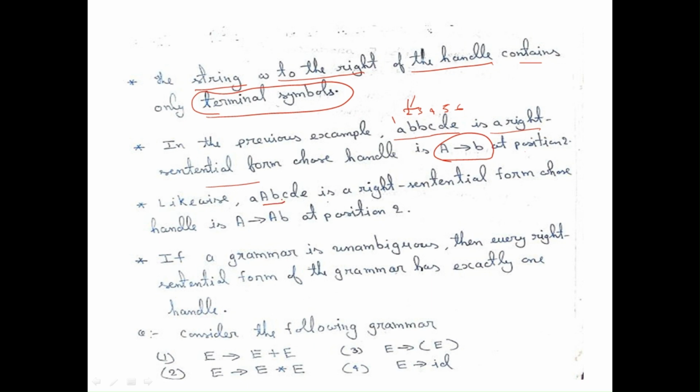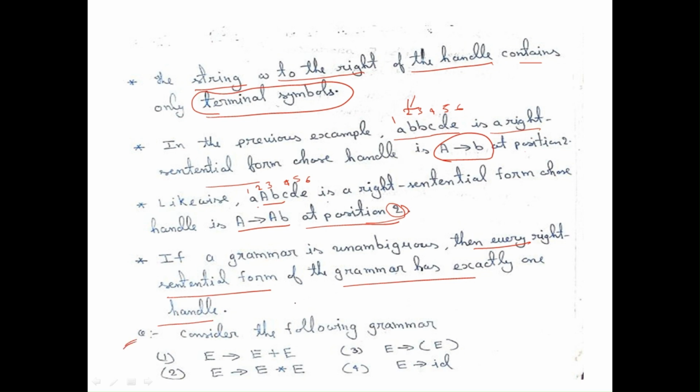Again A is rewritten as AB, 1 2 3 4 5 6. This is the handle for this string at position 2. Fine. If a grammar is unambiguous, then every right sentential form of the grammar has exactly one handle.